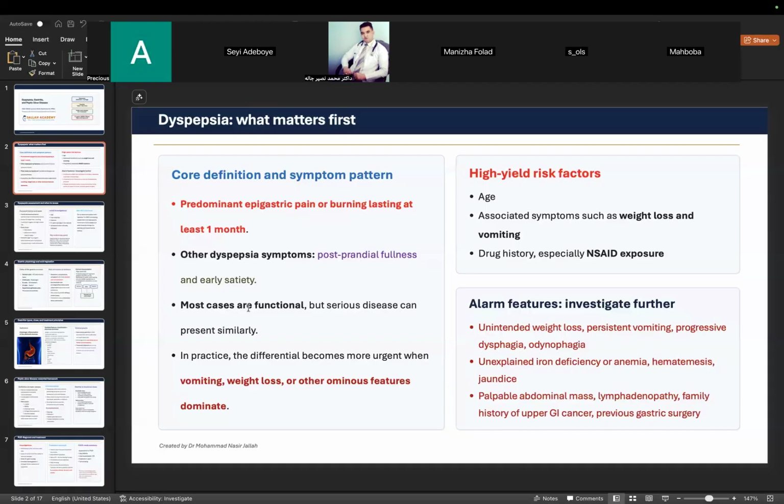If the patient has maldigestion, the food is not getting digested, so the patient will have early satiety. The patient will have bloating. The patient will have fullness and discomfort, epigastric discomfort. So this is something that you have to rule out. And when you're doing the station, you need to verbalize this.